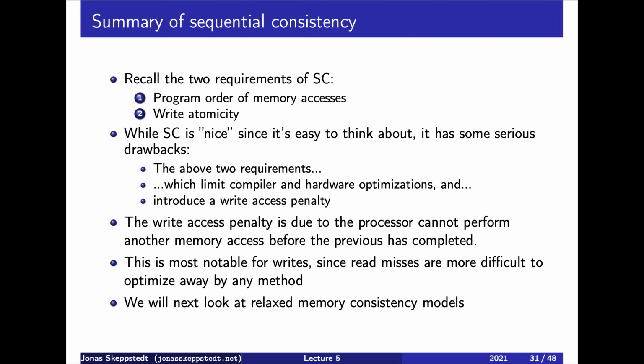So, summary of sequential consistency. The 2 requirements of sequential consistency: program order of memory accesses and write atomicity. So, while this is nice because it makes it easier to think about parallel programming, it has drawbacks. First, these 2 requirements, and then the effect of this, namely to limit compiler and hardware optimizations, and also introduce write access penalty.